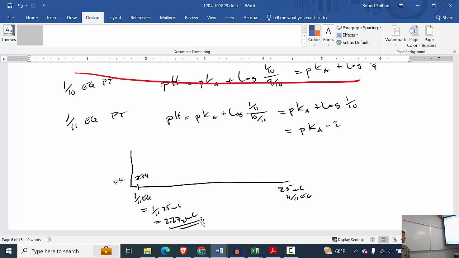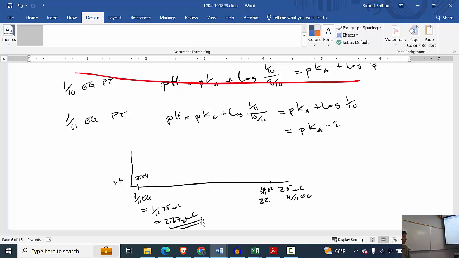And the 10/11th is very nice too. At the 10/11th equivalence point, what is 10/11ths of 25? So 25 times 10 divided by 11 is going to give me 22.72 milliliters.